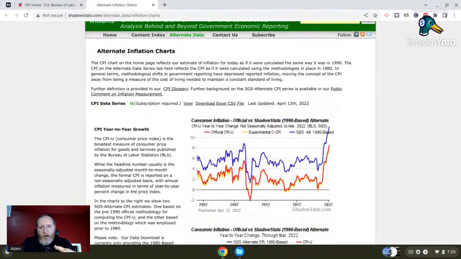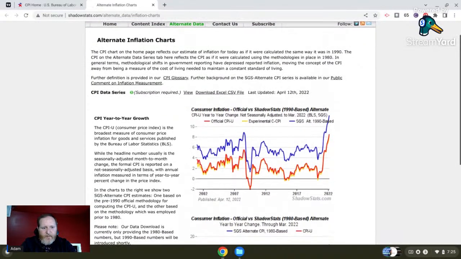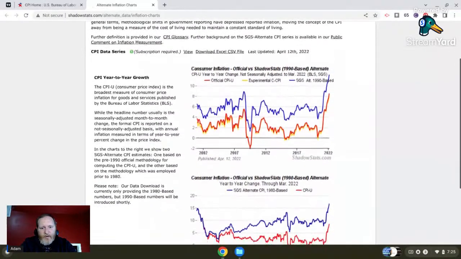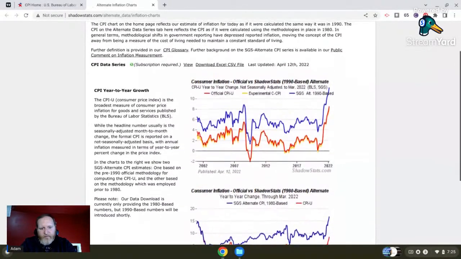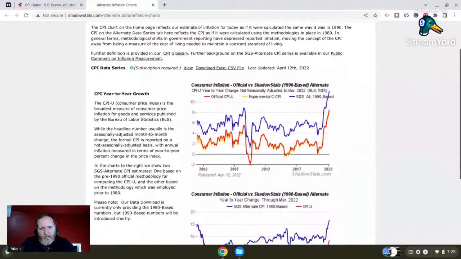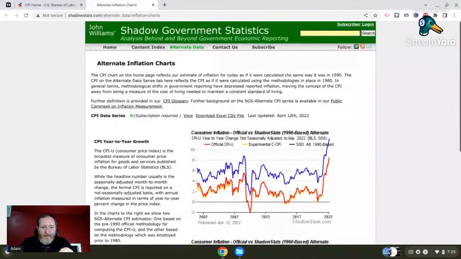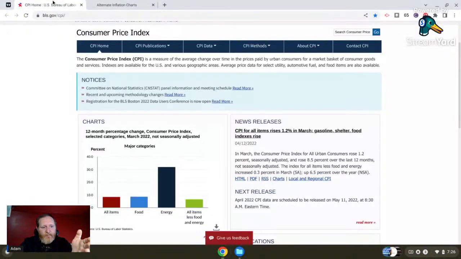Now there is a paywall for some of this information, but the gist of it, the explanation for what they're doing, the charts, they're open for everyone to see here. And it's fascinating. So I put the link in the live chat for this one. Watch this one too. It's fascinating, I must say. And then of course CPI.